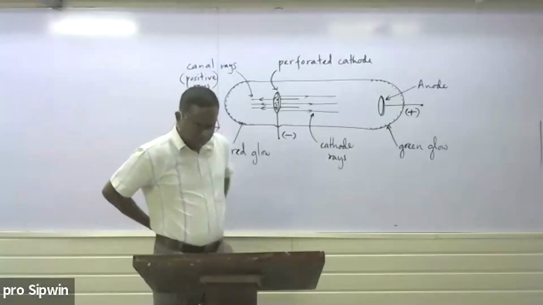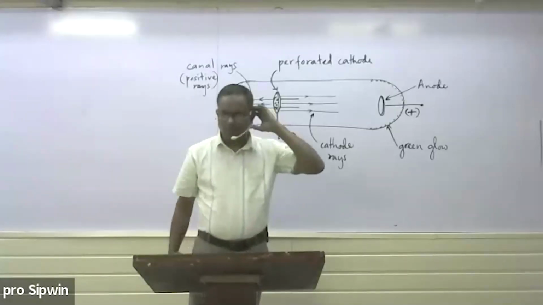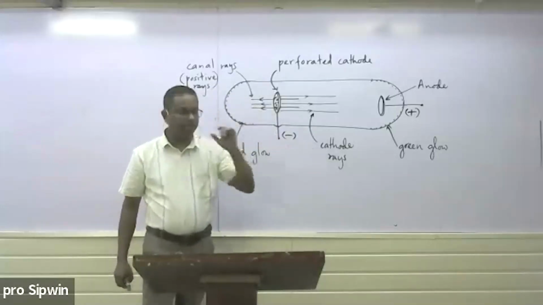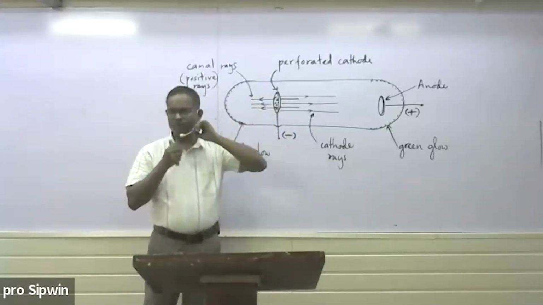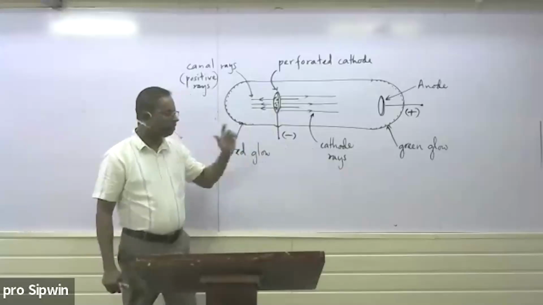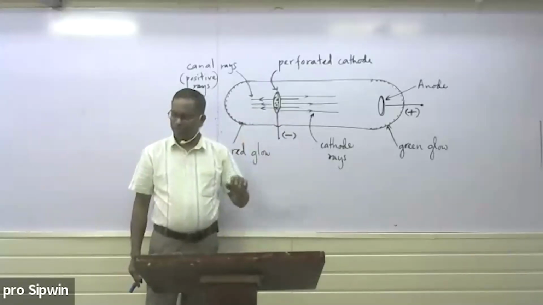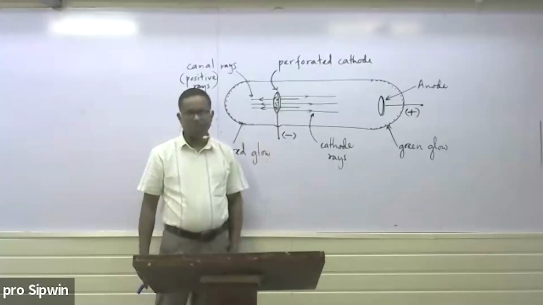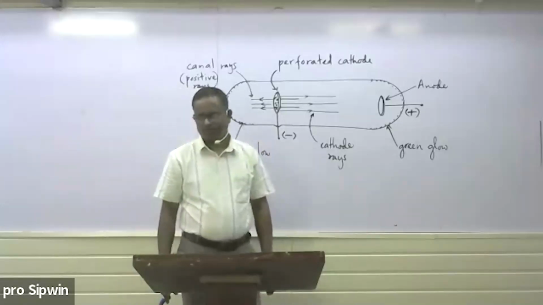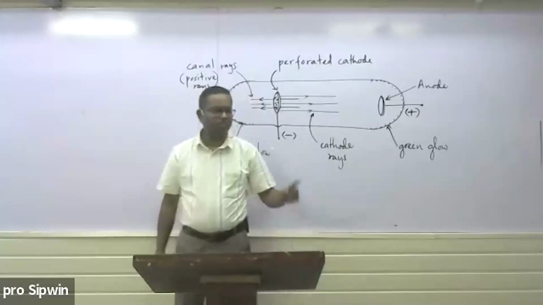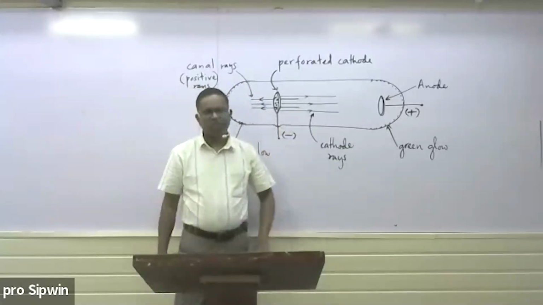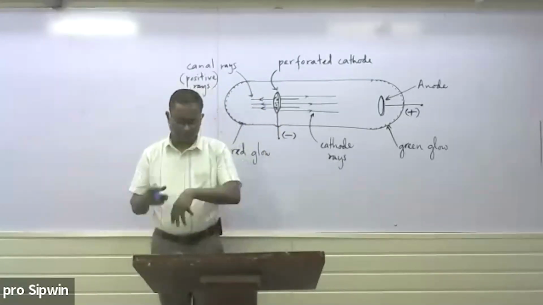Right. The cathode ray experiment was by Crookes. After that, Thomson did experiments to discover the properties of cathode rays. In the same way, after this experiment by Goldstein, the properties of these rays were again determined by Thomson.